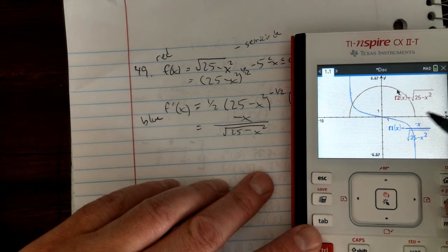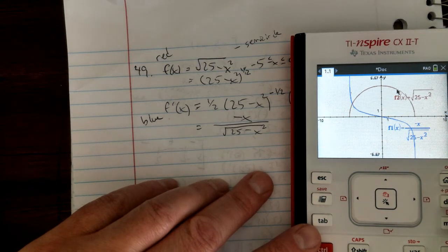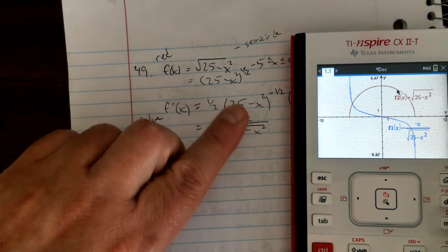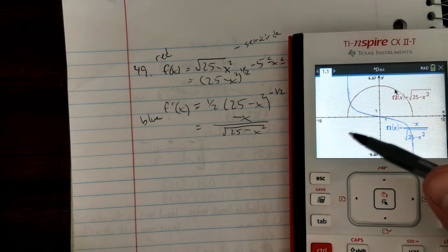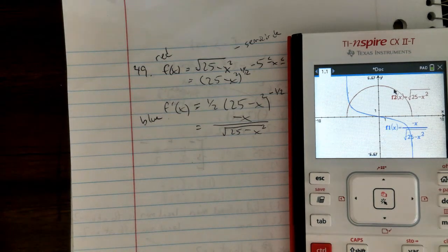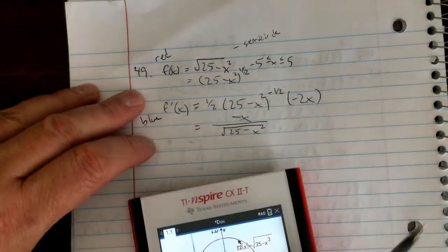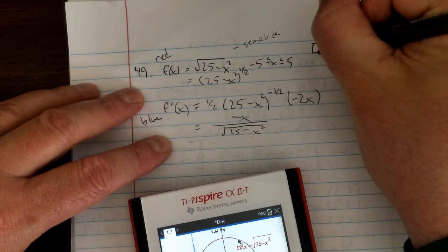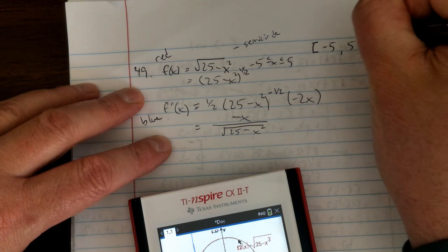So there's your semicircle I mentioned earlier, which is above, and it's basically going from negative 5 to 5 because that's your endpoints. So what we need to remember is we're going to go from negative 5 to 5.